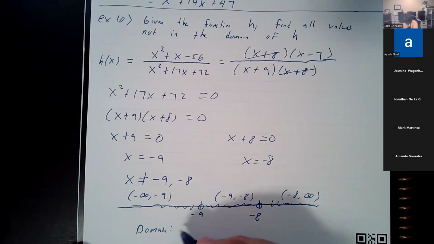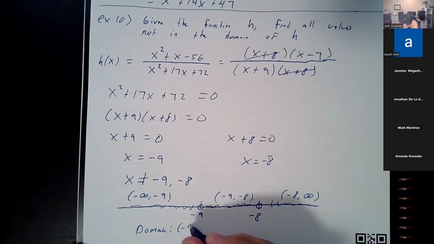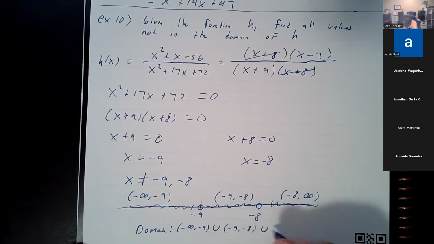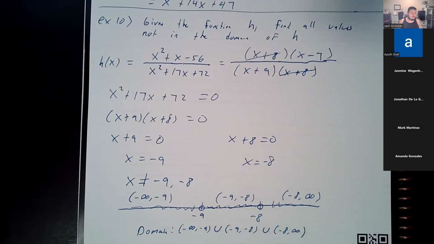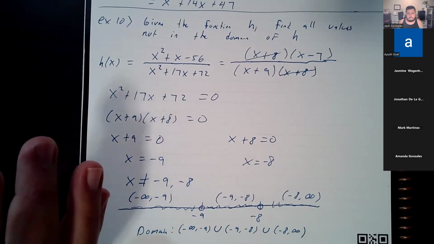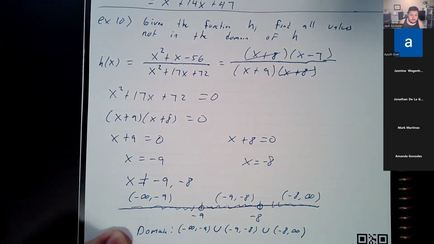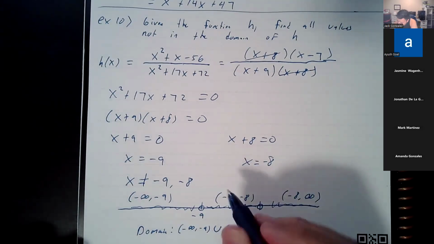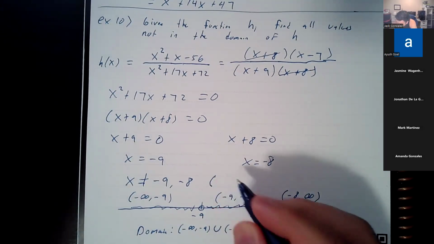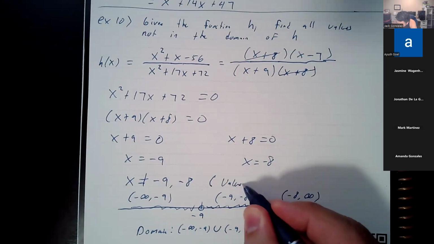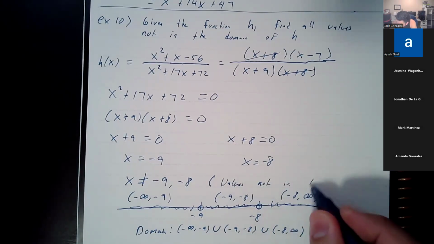So the domain would just be these pieces, combined together. That would be your answer if they ask for domain. All they ask is what's not in the domain, but since they're going to ask this on the next question, let's just do it all at once. So this right here, values not in the domain.